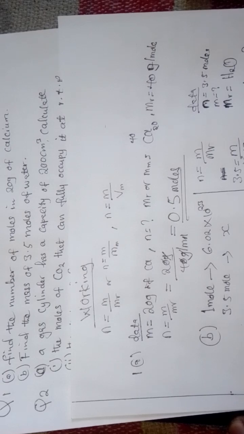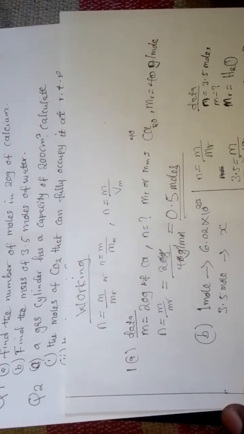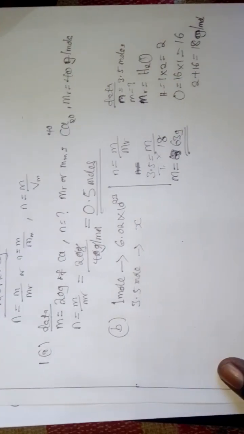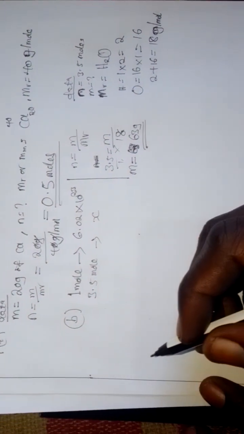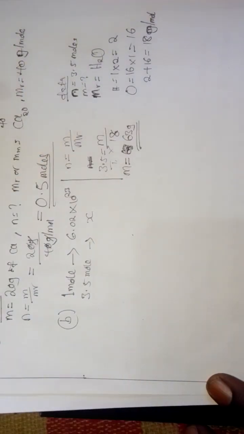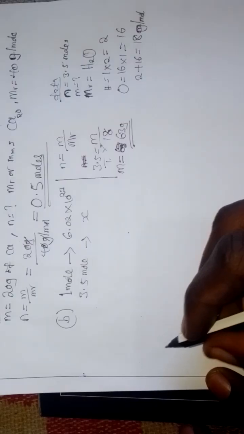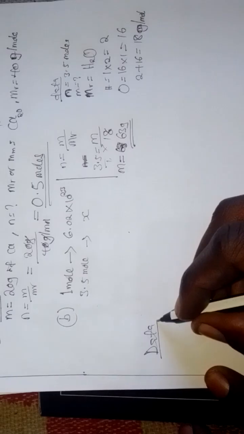Calculate the moles of carbon dioxide that can fully occupy it at room temperature. So we have carbon dioxide.